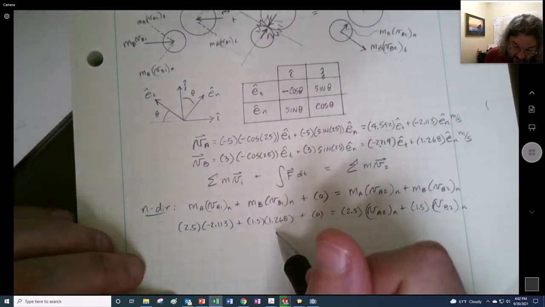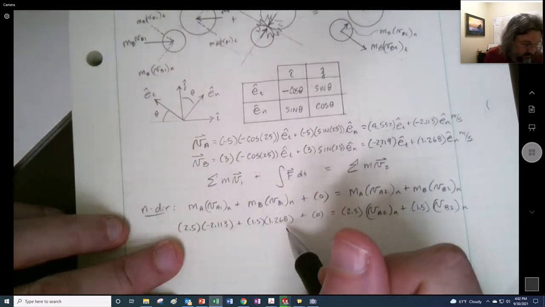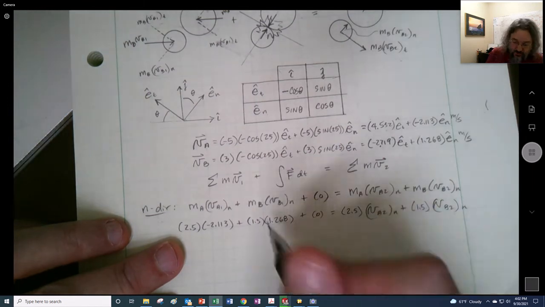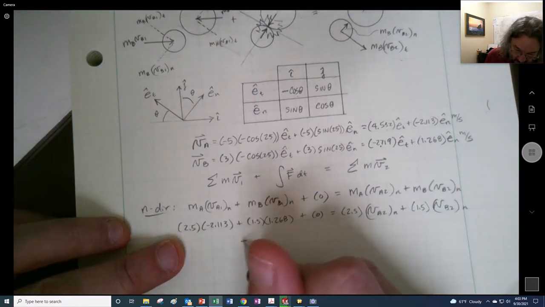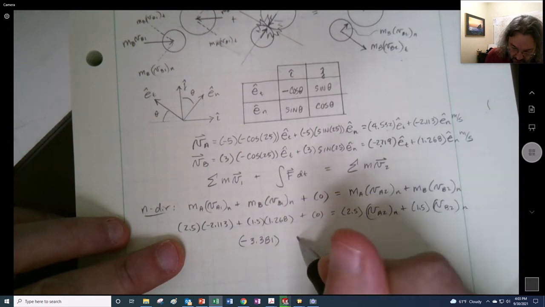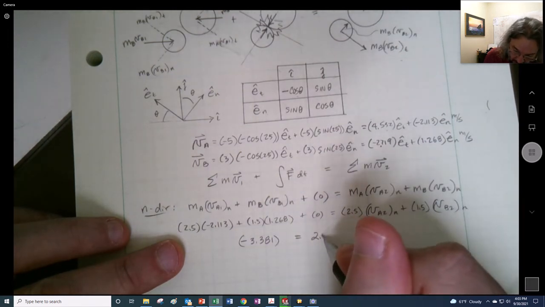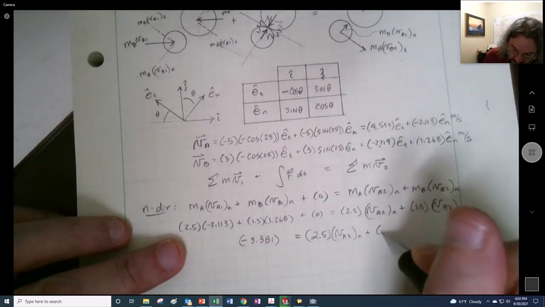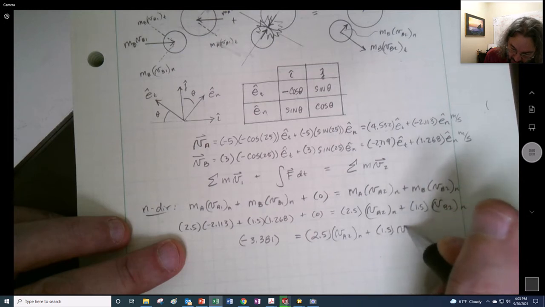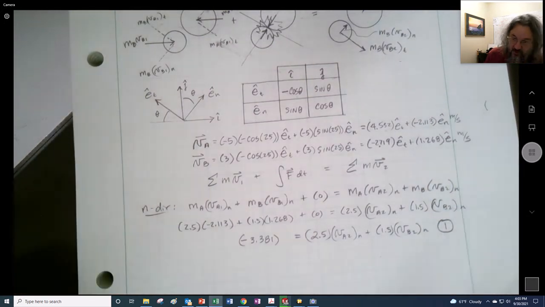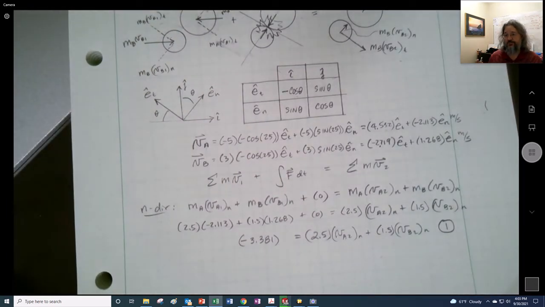So we do some math here. We put these together, and what we should get is that this momentum is actually negative: negative 3.381 equals 2.5 VA2 normal plus 1.5 VB2 normal. We'll call that equation 1. We have two unknowns, one equation.